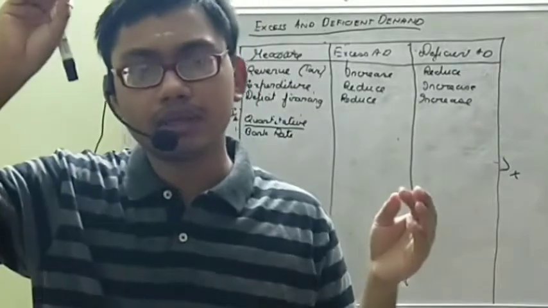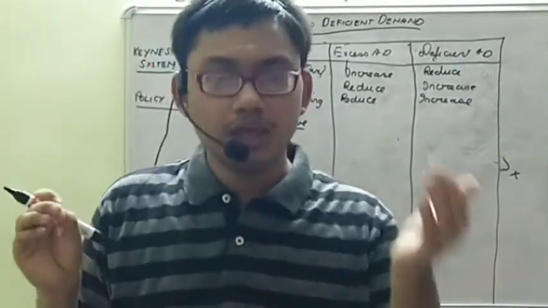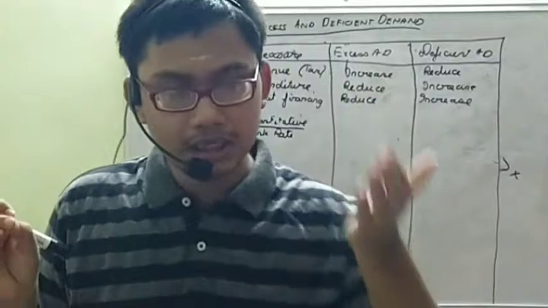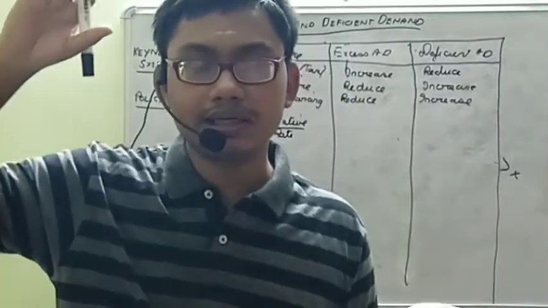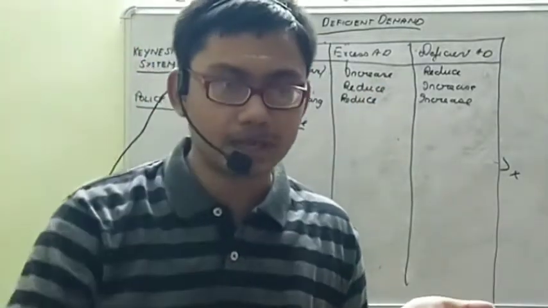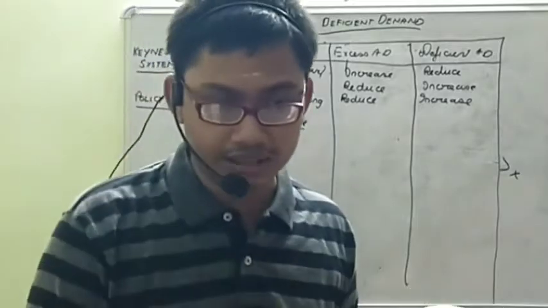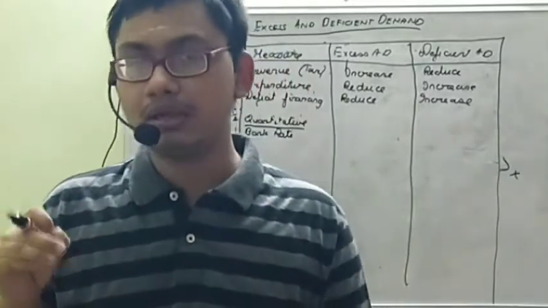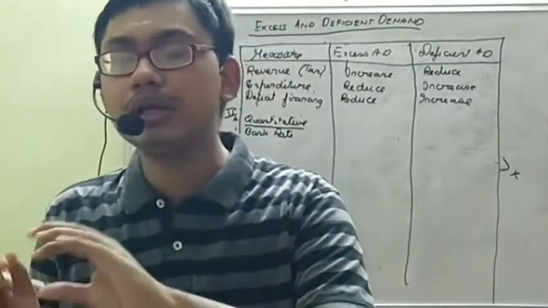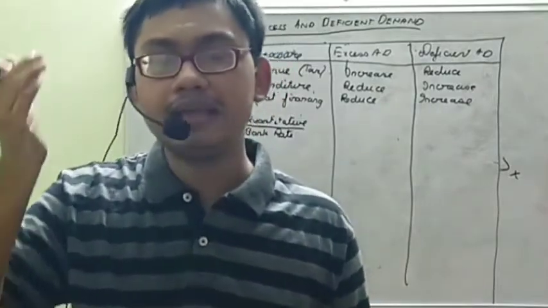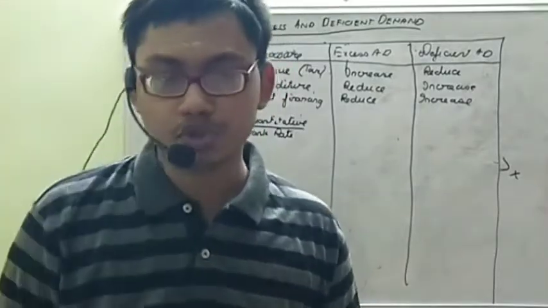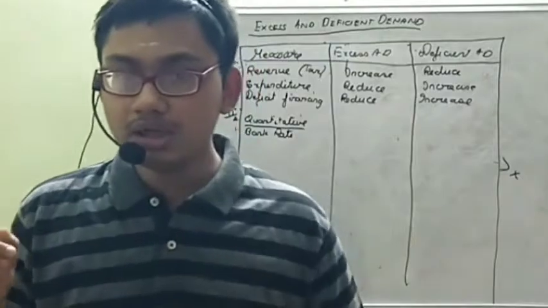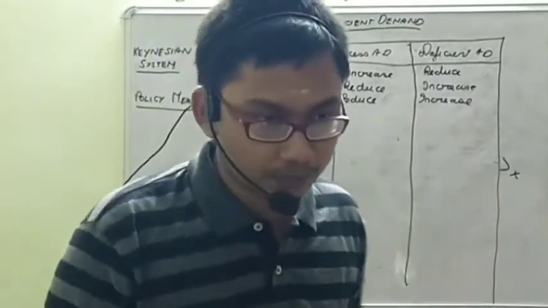So naturally they will borrow less. So if bank rate is increased, the credit lending capacity of the banks can be brought down because they will borrow less. Then what will happen? The banks in turn will increase the rates and they will lend lesser and lesser amounts to the people. This in turn will reduce the purchasing power of the people.